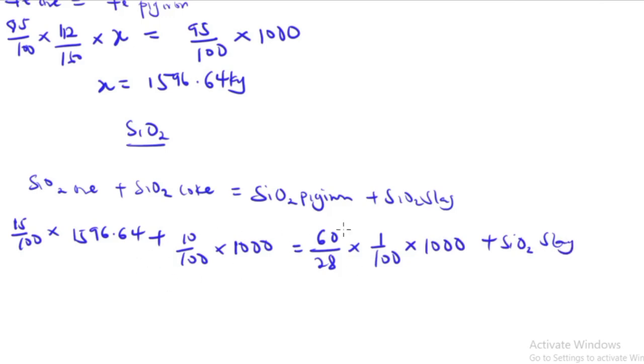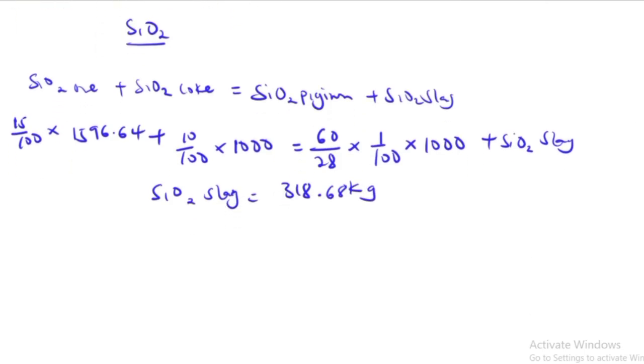When you find it correctly, you are going to get the SiO2 slag to be 318.68 kilogram.